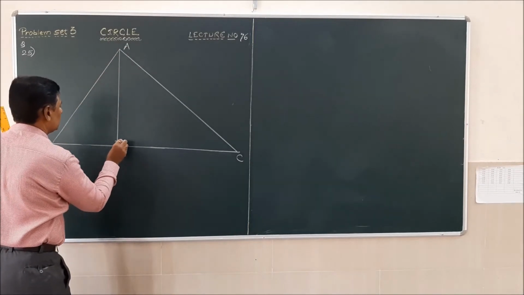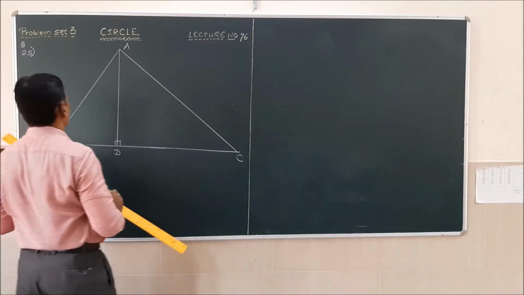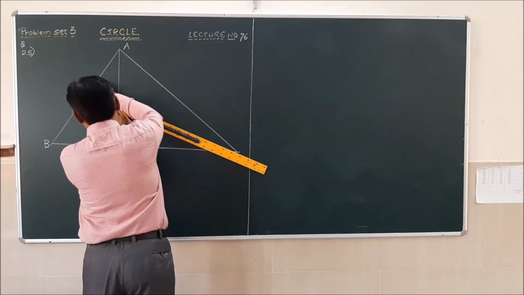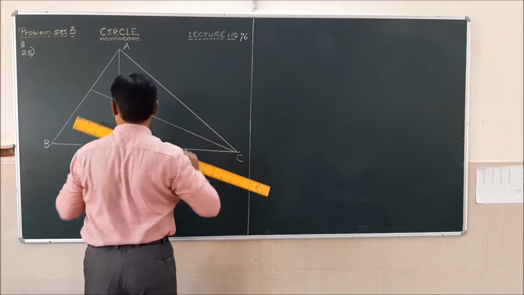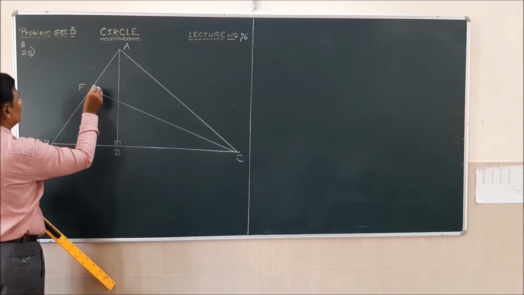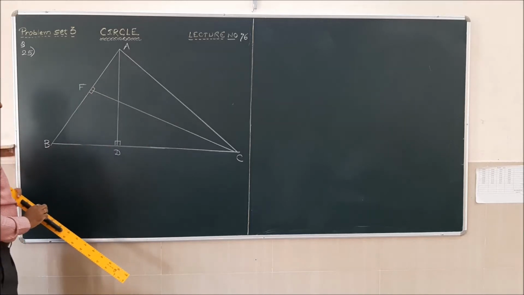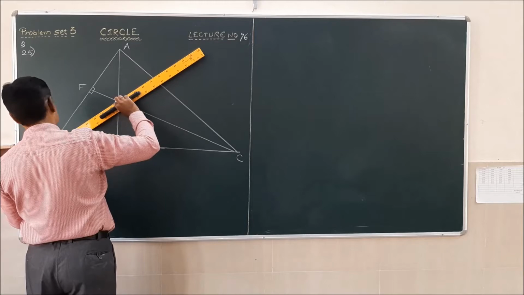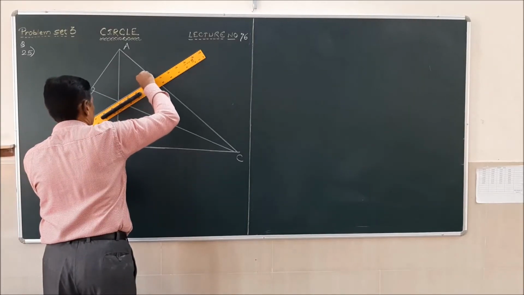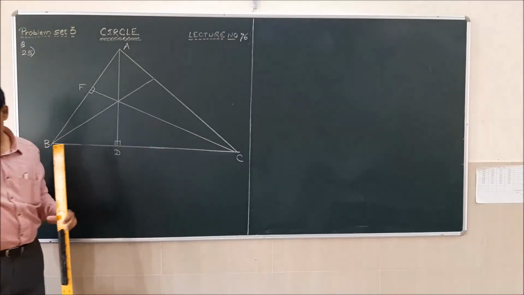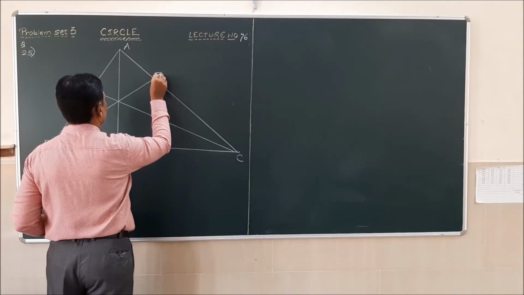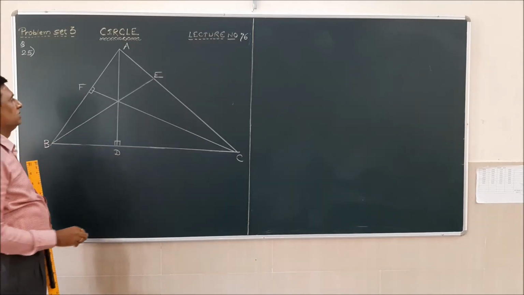Namely, AD is altitude on BC. Then CF is altitude on AB, and next to that BE is altitude. This is also 90 degrees.